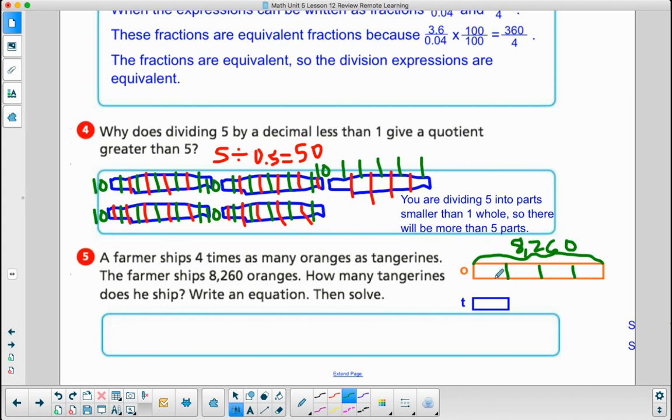Now I get it. So first, I could use a situation equation. The farmer ships 4 times as many oranges as tangerines. So 4 times the tangerines would equal 8,260.